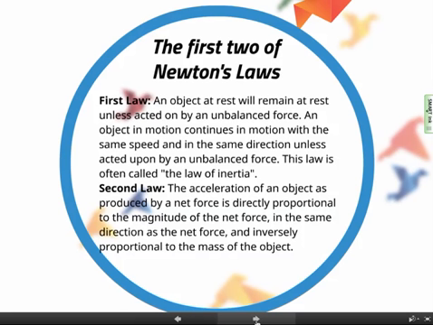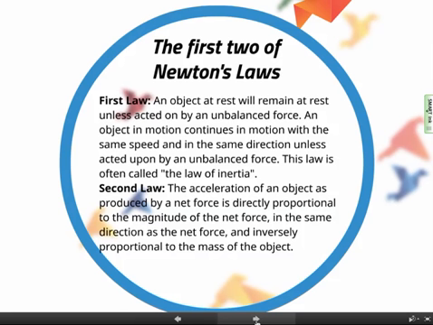Okay, the first two Newton's laws play a huge role in projectile motion because as a projectile flies through the air, horizontally there are no forces on it. And according to Newton's first law, an object that has no forces on it will travel at that same speed forever. So if there's no horizontal forces on a projectile, there will be no acceleration, meaning it will stay at a constant speed.